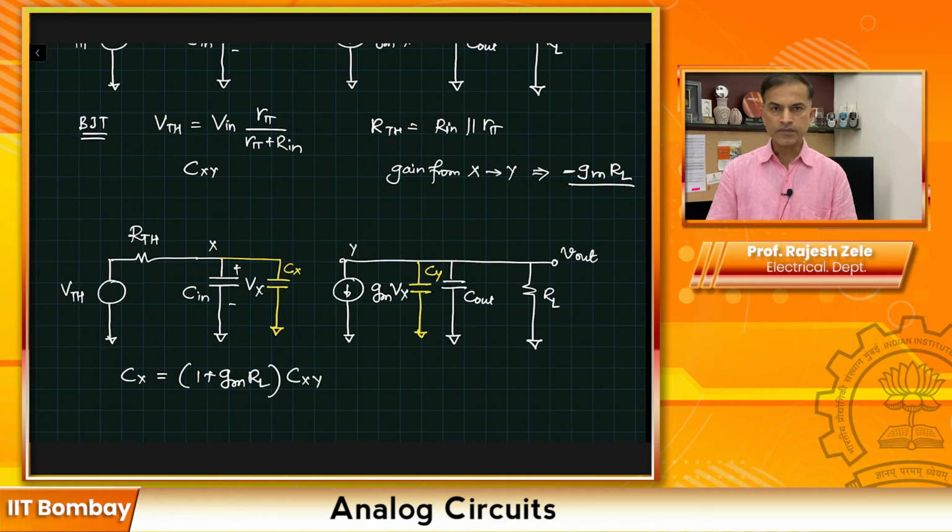We know that GMRL is the gain, and this is a large number, so this will be approximately GMRL times CXY, and CY is equal to 1 plus 1 divided by GMRL times CXY. So this will be approximately equal to CXY because GMRL is large.